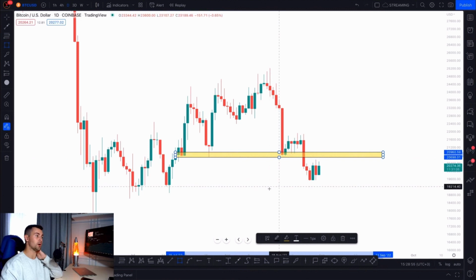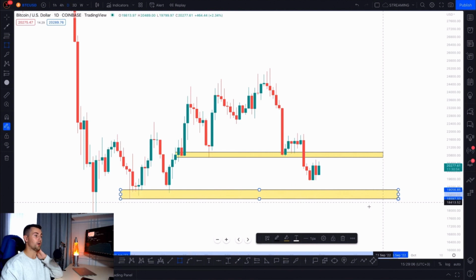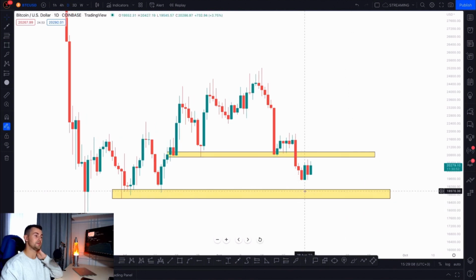We dropped nicely, but even though we got a very nice bearish continuation right here, the price didn't manage to reach the next support. Our next support so far is right here, and for now the price didn't manage to reach that support. So the point is that after that breakout, it looks like the market became too oversold and we started a correctional movement.